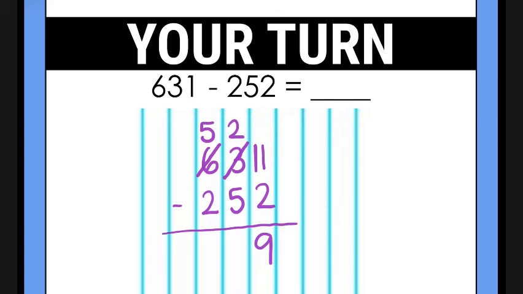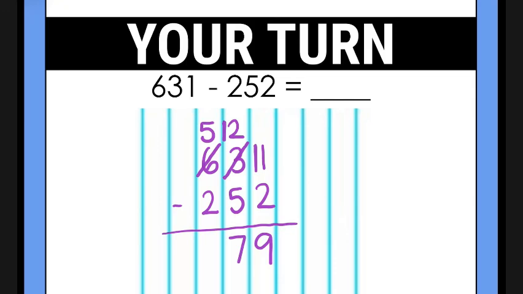Now I need to bring that 100 next door, and that 100 is going to go in with the 2, not the 3 because I already regrouped, but right next to that 2, because now I'm going to have 12 tens. So now we can do 12 tens minus 5 tens, and that equals 7 tens.